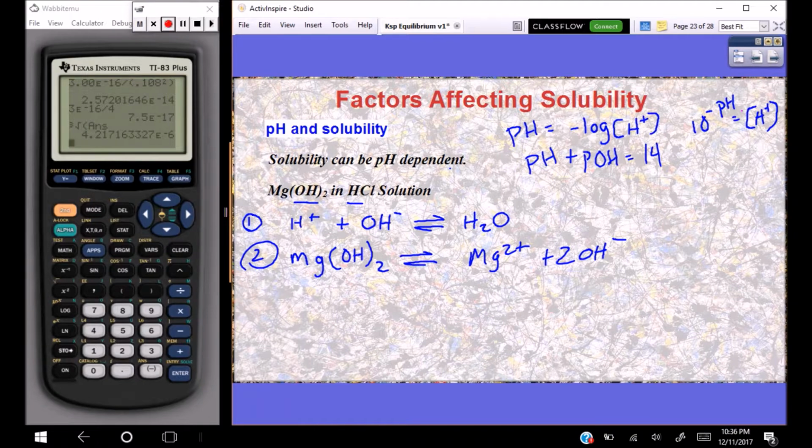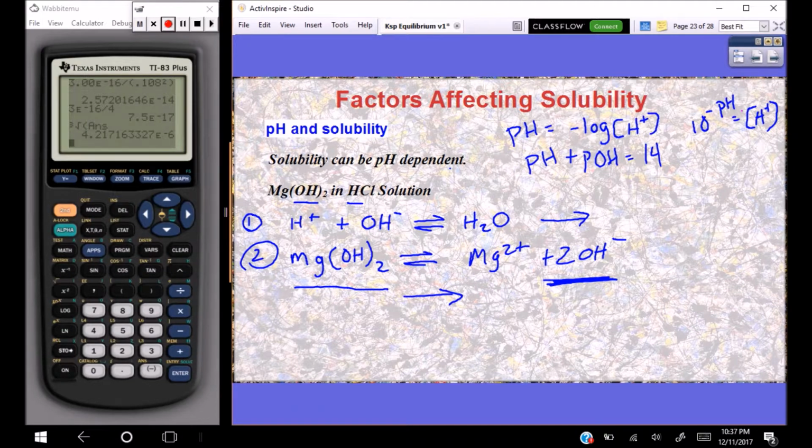So let's think about this. If I keep adding acid, which way is my first reaction going to shift? To the right. All right. If that shifts to the right, my OH concentration is going to go down. So if my OH concentration goes down, what's going to happen to my Mg(OH)2? It's also going to shift to replace it.